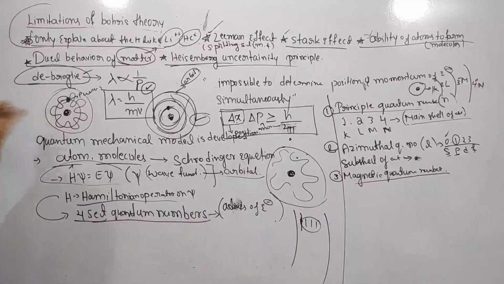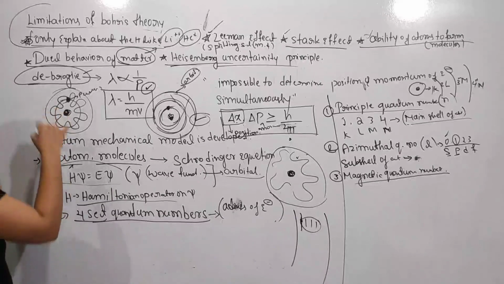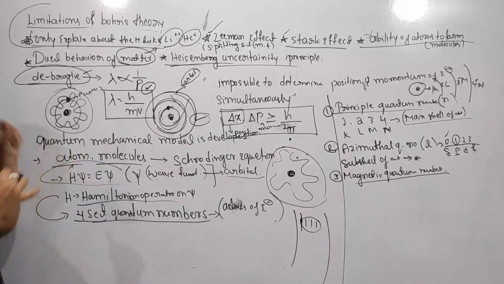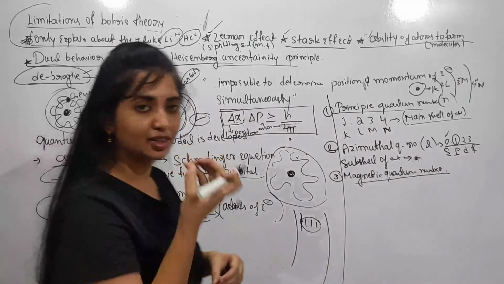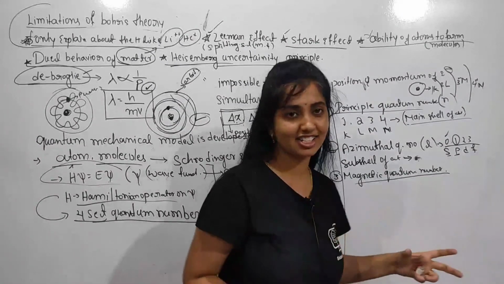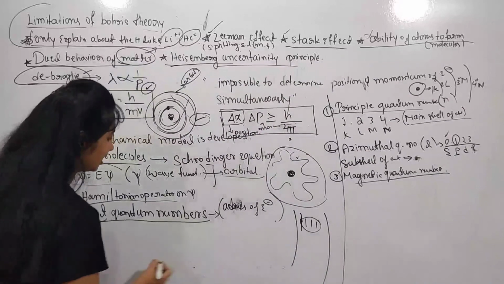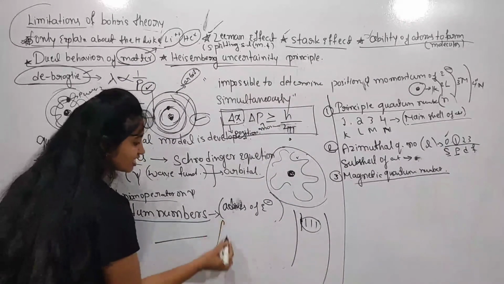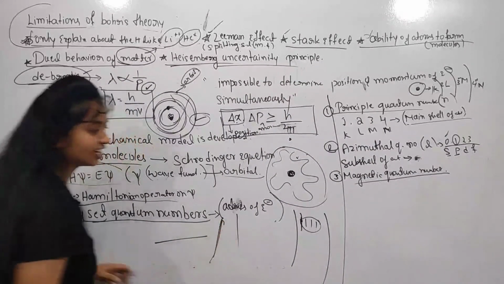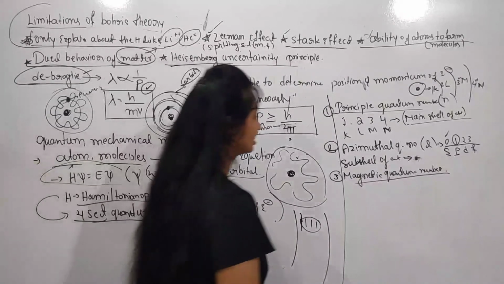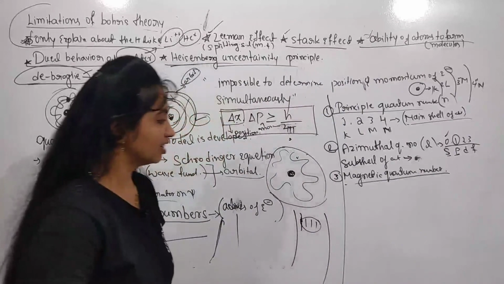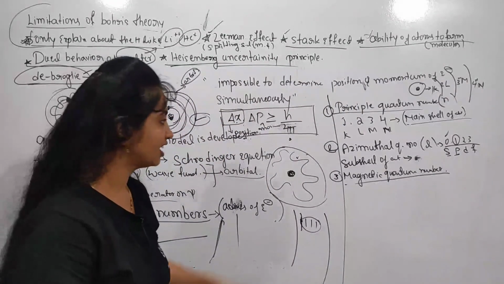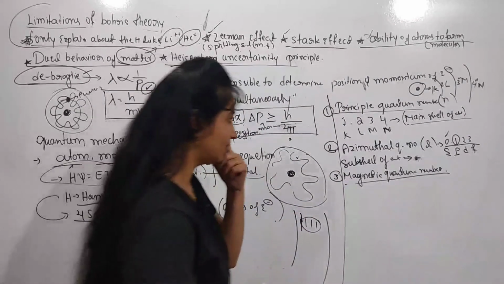Three-dimensional means there are different axes, different coordinates and different orientations, like the x-axis, y-axis and z-axis. So the magnetic quantum number says about the orientation, and it talks about orbitals.